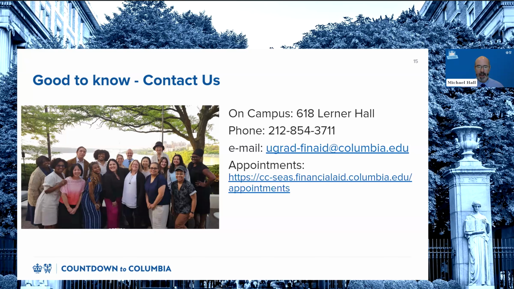Appointments are great, especially if you know it's going to be a more involved conversation, not just a quick question like, do you have this form, or how do we do this? We do them both in person as well as virtually over Zoom. And if the parent's first language is Spanish as opposed to English, we offer appointments with Spanish-speaking personnel as well. Those are some great ways to get in touch with us.